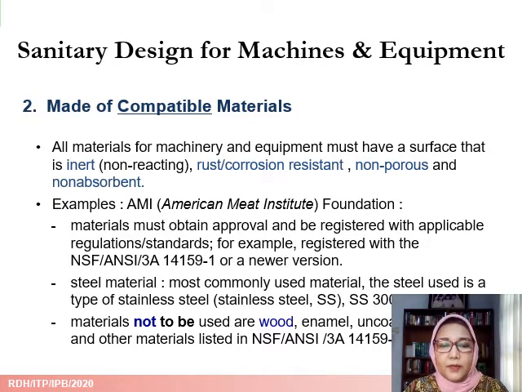Steel is the most commonly used material, and the steel commonly used is stainless steel SS300 series. According to this guidance, materials not to be used are wood, enamel, and uncoated materials.